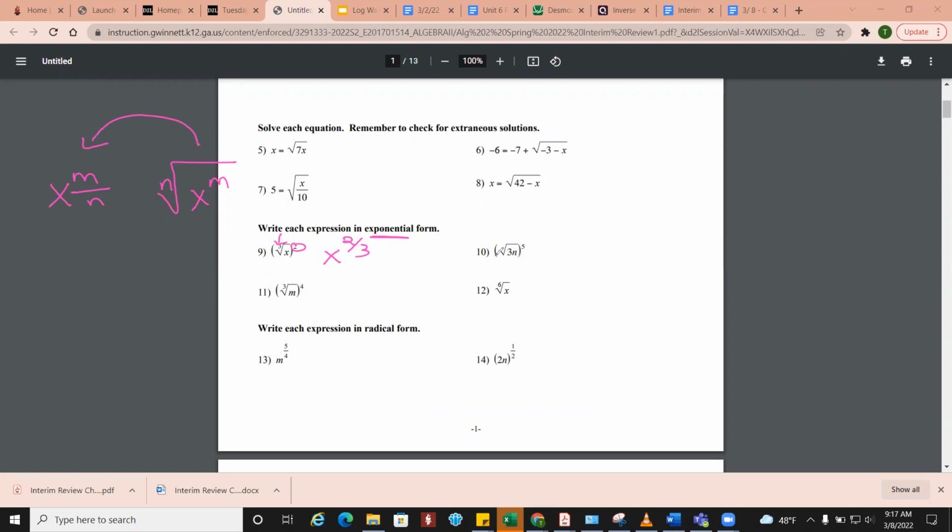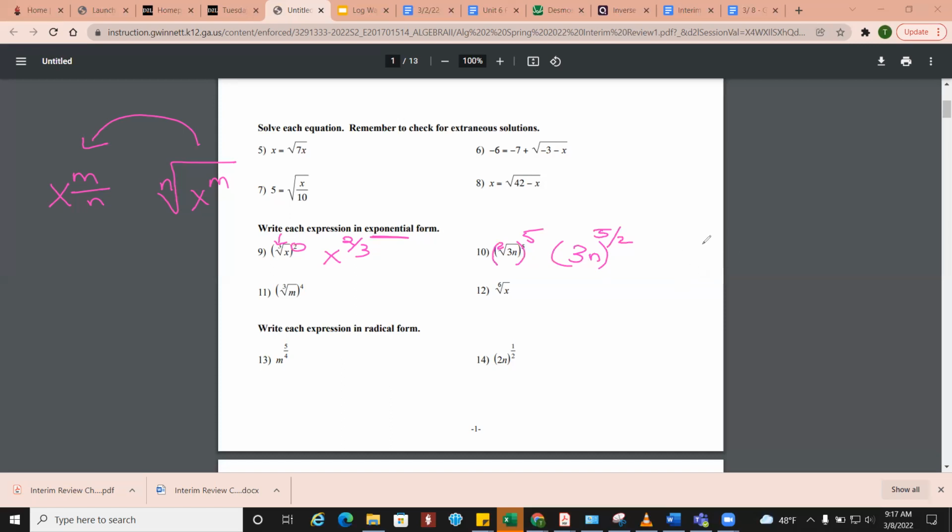On the next one, I've got a 2 right here. Remember, if there's nothing written there, you assume it's a 2. So I've got 3n raised to the, notice how I put parentheses around it, 5 over 2. Make sure you use those parentheses. It's because it's inside of this radical, and these parentheses right here are telling you to raise what's in that radical to the 5th power.